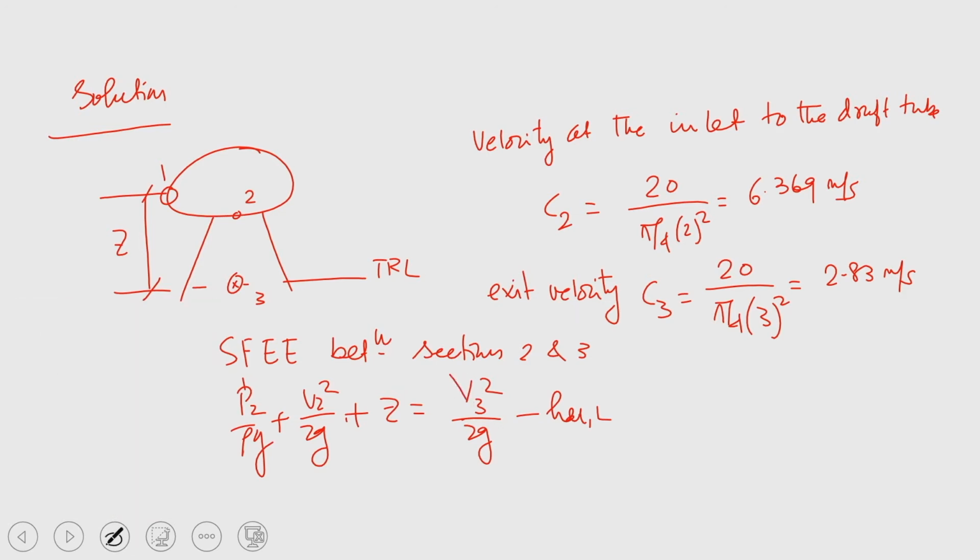So, this is V3 square by 2g. From there we can write, so this is equation 1. Now, we can go to the next slide.